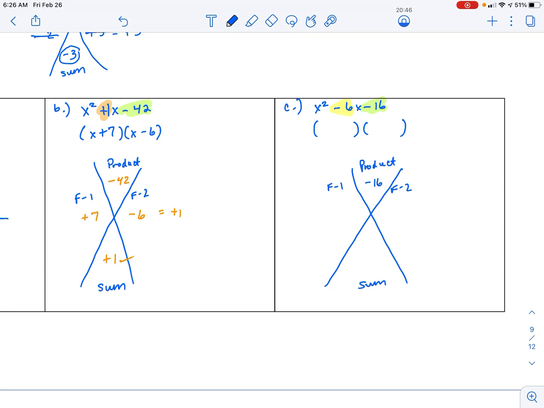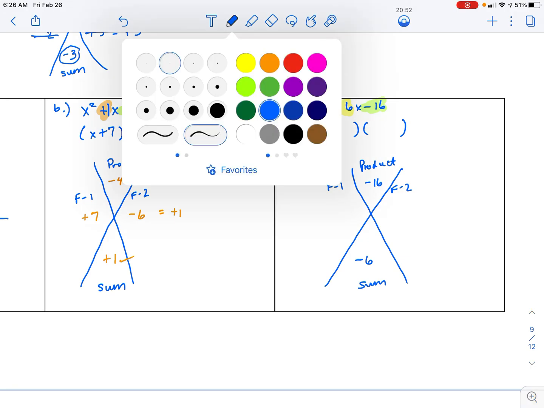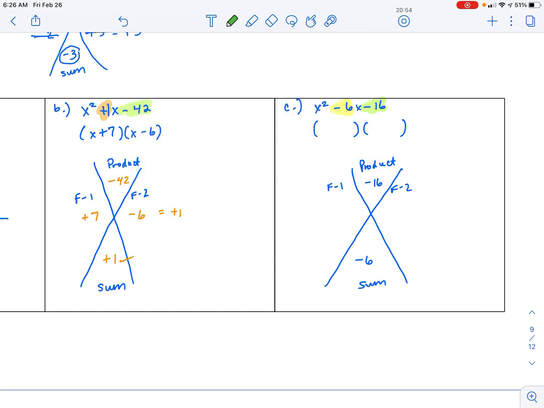So let's write that product in there. Negative 16 is the product. Negative 6 is the sum. So let's get some factors of negative 16. I always think of the ones that would make the most sense to me, not always 1 times itself, but sometimes those are the factors that we need.